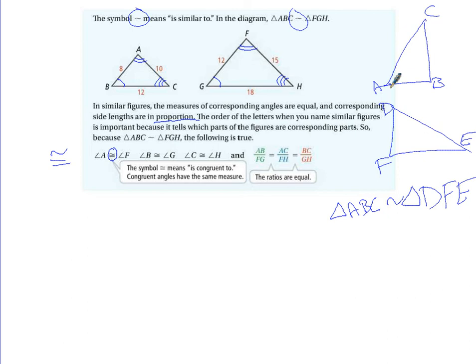A goes with this angle, B goes with what looks like the right angle, so that's got to be F. I wrote A, B, C, so then I have to write D, F, E. So just be careful about that.